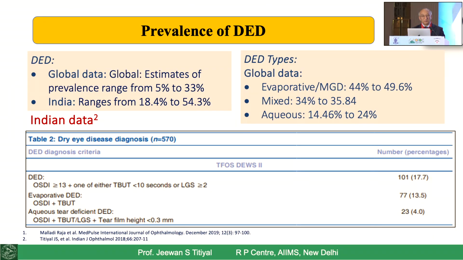If you look at the prevalence of dry eye disease in India, there are two studies available, one from RP Centre and one from LV Prasad. The global estimate of prevalence is around 5 to 33%, but in India it is from 18 to almost 55%. If you look at the difference between India and the global picture, globally you have evaporative dry eye or MGD in a huge number, almost 50%. In India it may not be 50%, but it is still a significant number.